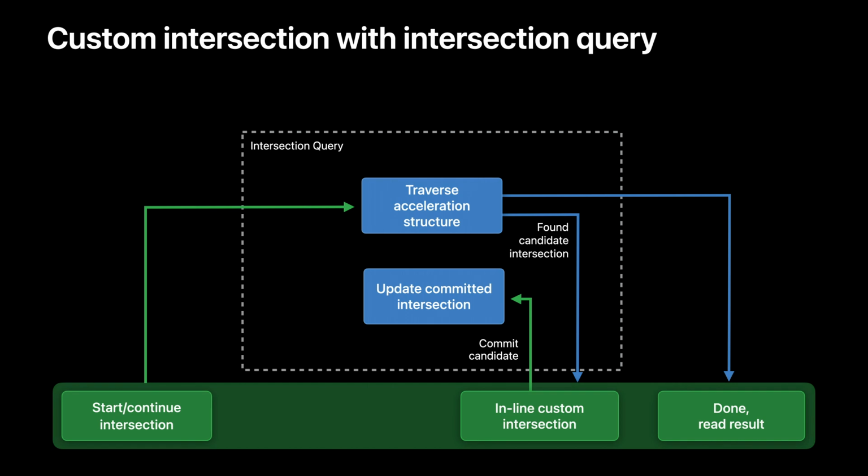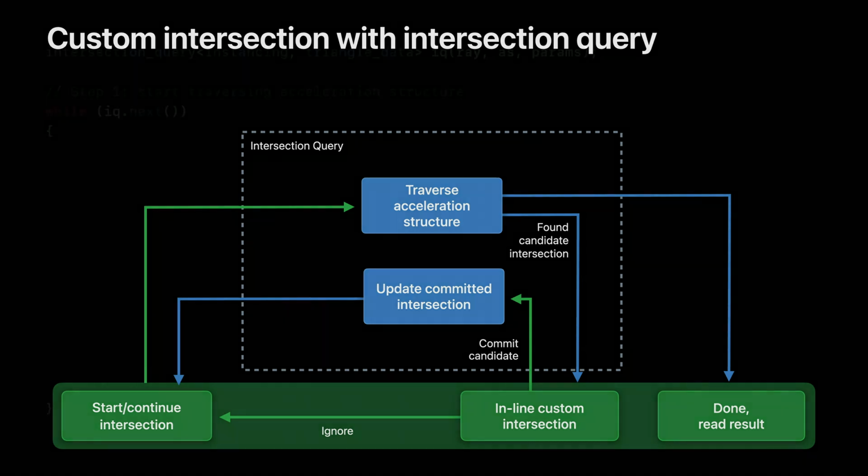If the current candidate passes your custom intersection logic, you commit it to update the current committed intersection, and then continue the intersection process. On the other hand, if the candidate fails custom intersection logic, you can just ignore it and continue. Let me show you the code to do alpha testing using intersection query.